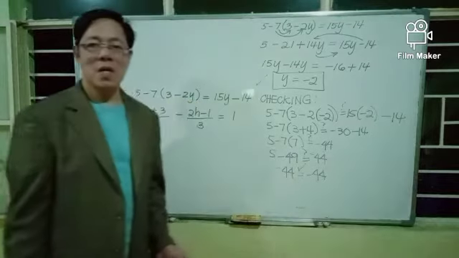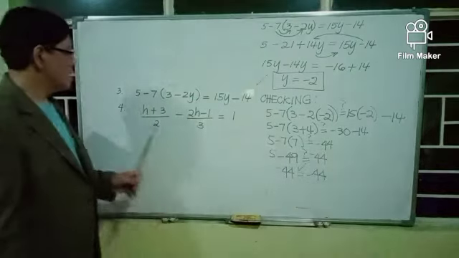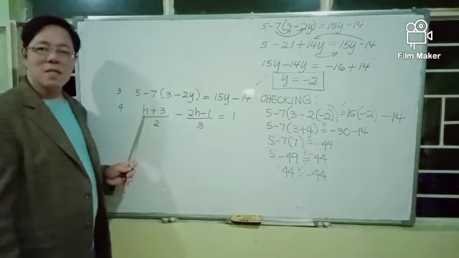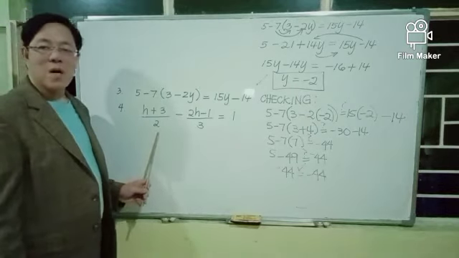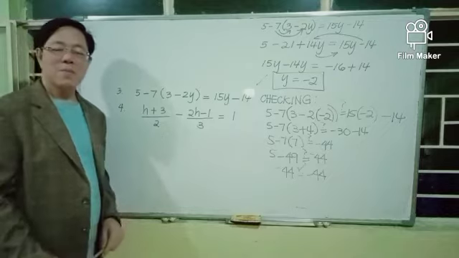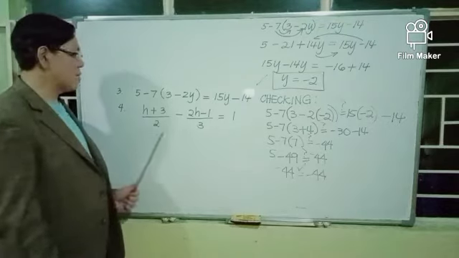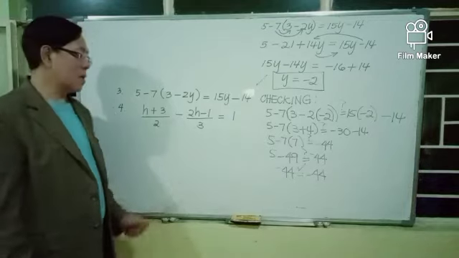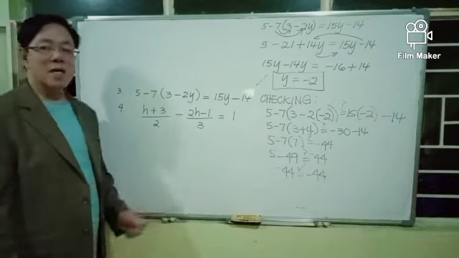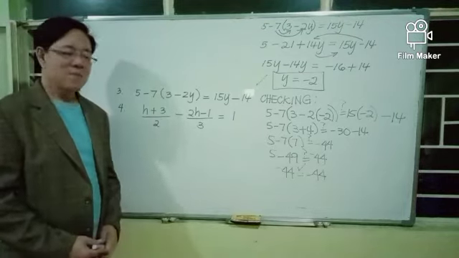Now we solve the last linear equation, the linear equation in h. Again, if you have rational expressions in the given equation, the first step is to remove the denominators by getting the LCD.